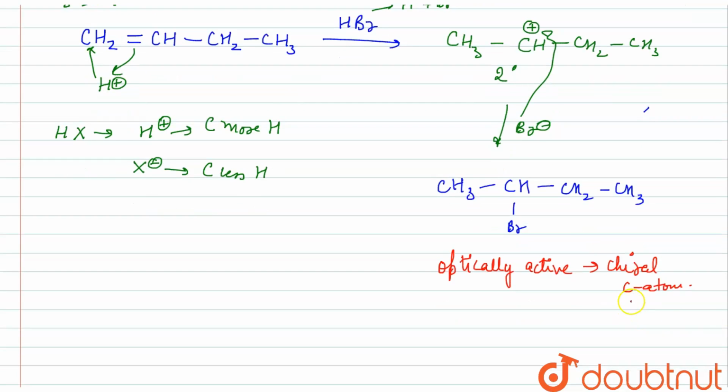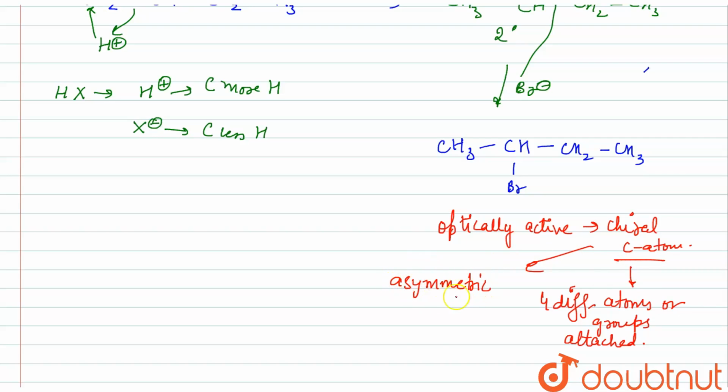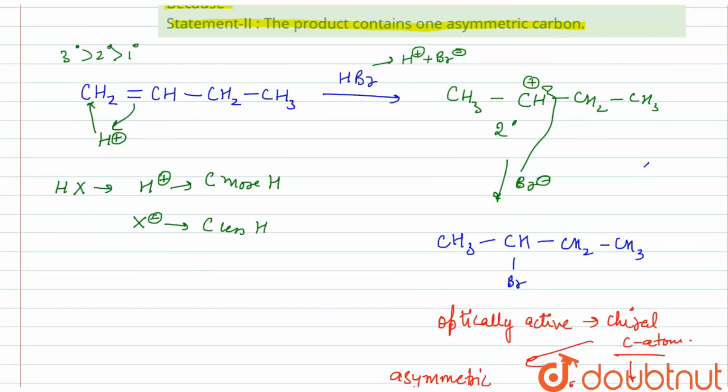A chiral carbon atom is an atom which has 4 different atoms or groups attached, right? Or you can say there should be a stereogenic carbon or a chiral carbon, or in other words, an asymmetric carbon. It is one and the same thing.